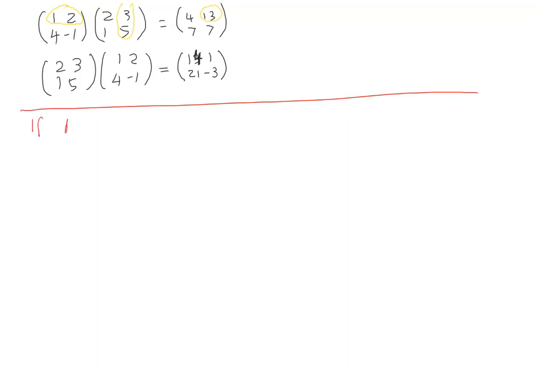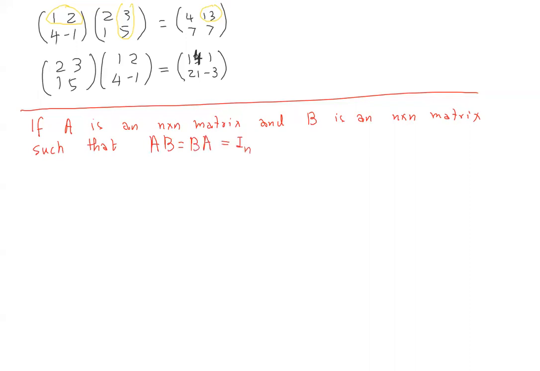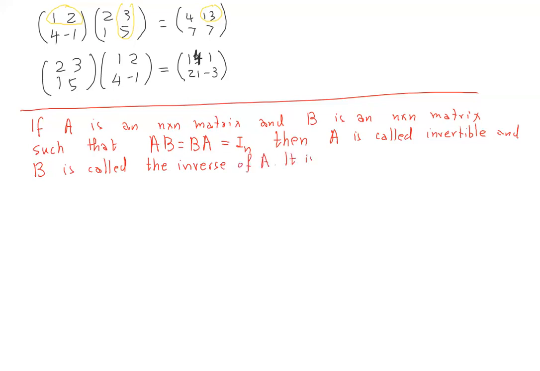So if A is an n by n matrix, and B is an n by n matrix such that AB is the same thing as BA and it's equal to the identity matrix, then A is called invertible and B is called the inverse of A. It is denoted by A to the negative 1.